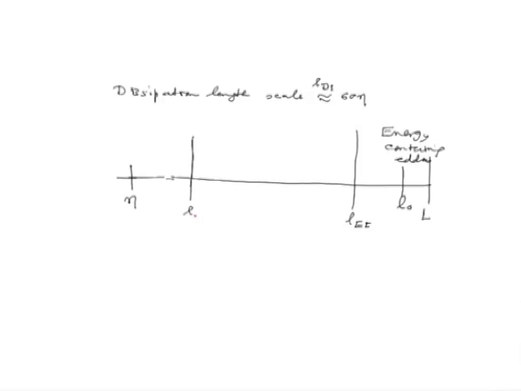So, this is our LDI. Between LEI and LDI, this particular range is referred to as the inertial range, and beyond this LDI, where the length scale is smaller than LDI, this is called our dissipation range.